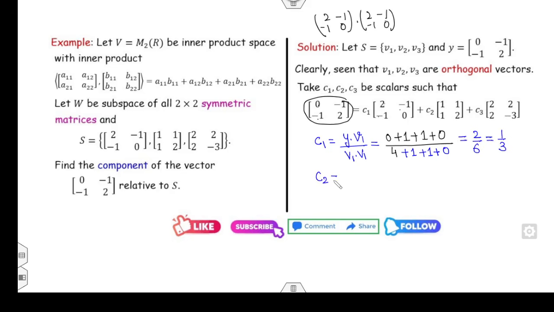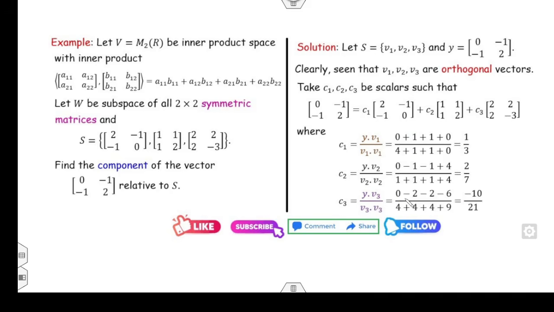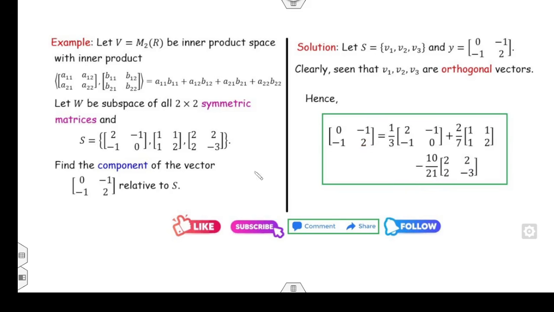Similarly, you can find the value of C2 as Y dot V2 over V2 dot V2. This number is 1 over 3. Similarly, you can find the other two numbers, and after the calculation you will get 2 over 7 and minus 10 over 21. So therefore you can write the vector V, that is Y, as a linear combination of the other elements. And you can also check your answers.